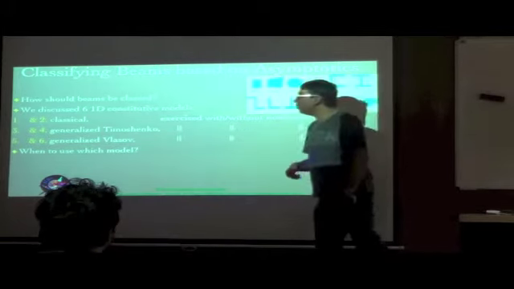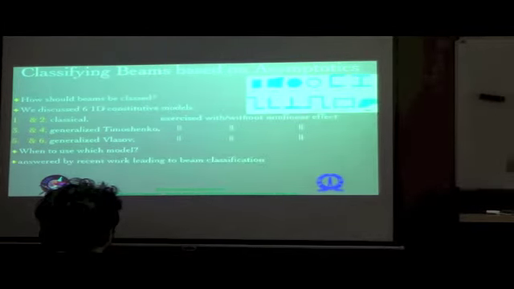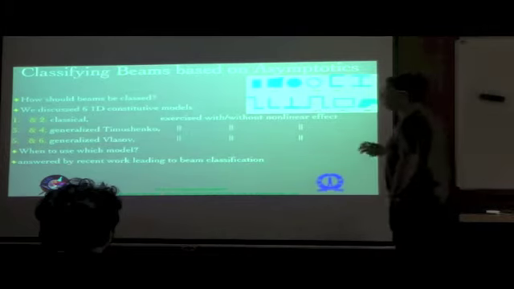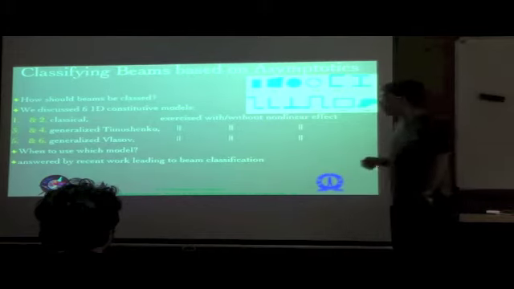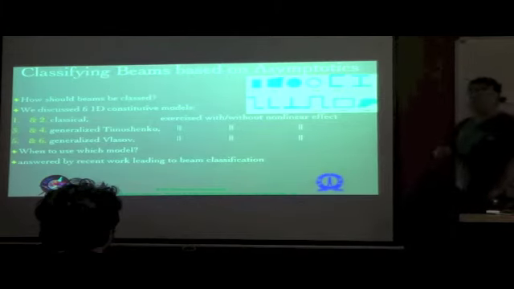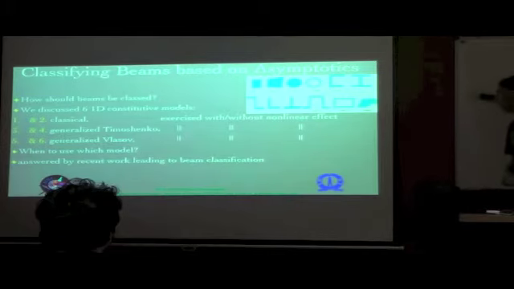So when to use which model is the question that we would like to answer, and this is answered by a lot of recent work which has been done in the variational asymptotic community, which has led to the beam classification that we are going to discuss in the next few slides.